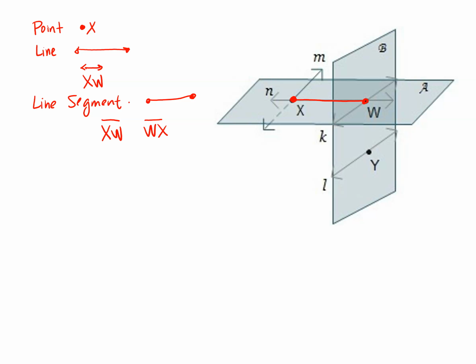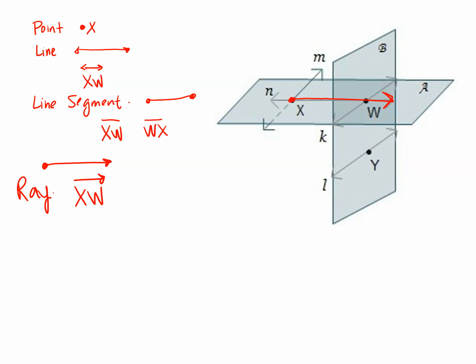All right, and then we had a ray. A ray has an endpoint and it goes in one direction. So in this case, we could name ray XW going this way. We note it like this, XW with an arrow going in that direction. A ray is directional.